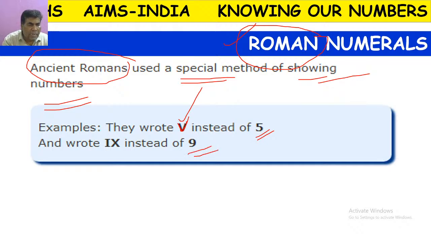Instead of 9, they represent it as IX. Like this, ancient Roman people used different kinds of symbols for representing our numbers. We call that system the Roman number system or Roman numeral system.